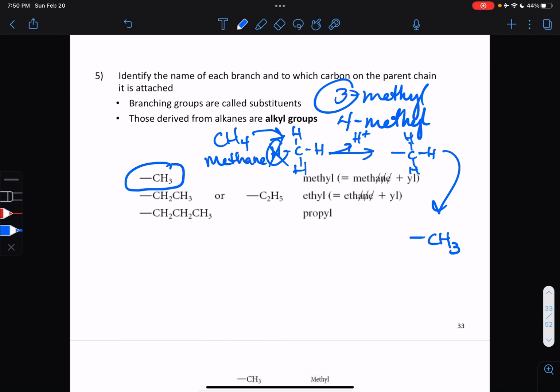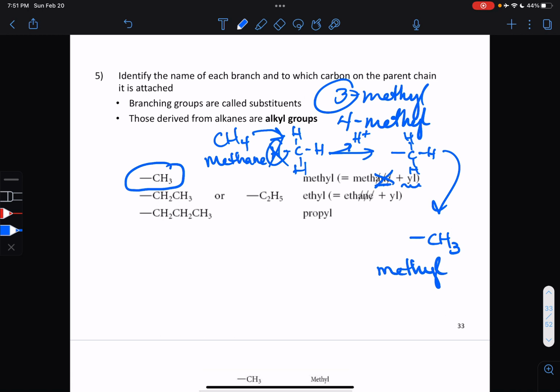That goes from methane, you can see right here, and we take the ANE off, and we add YL, which sounds like ill. So we take off the ane and we add yl, and this becomes methyl. So that's a methyl group, okay?